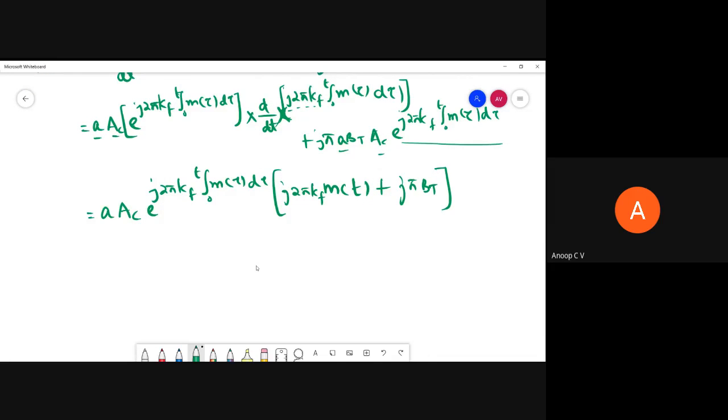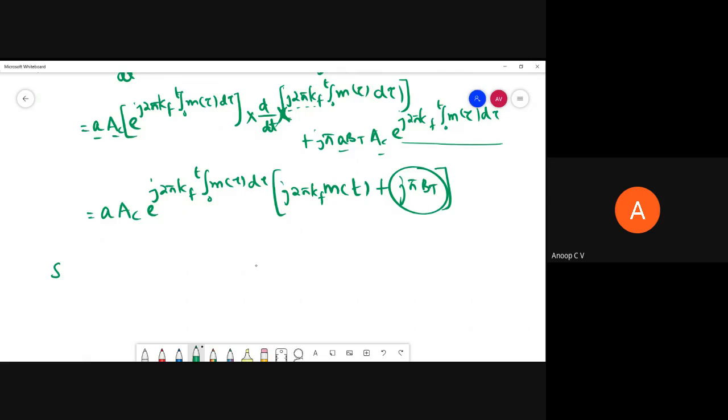Again, we have some common terms, pi, j pi, all those things are common. Even if you take j pi b t as common from outside, let's see what happens. It will become something into 1 plus something. After rearranging, I'm dividing and multiplying both the terms with j pi b t.